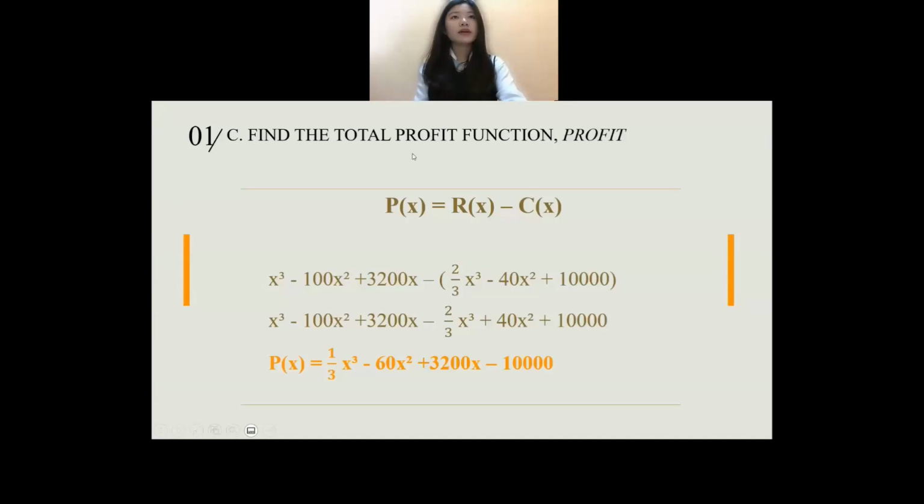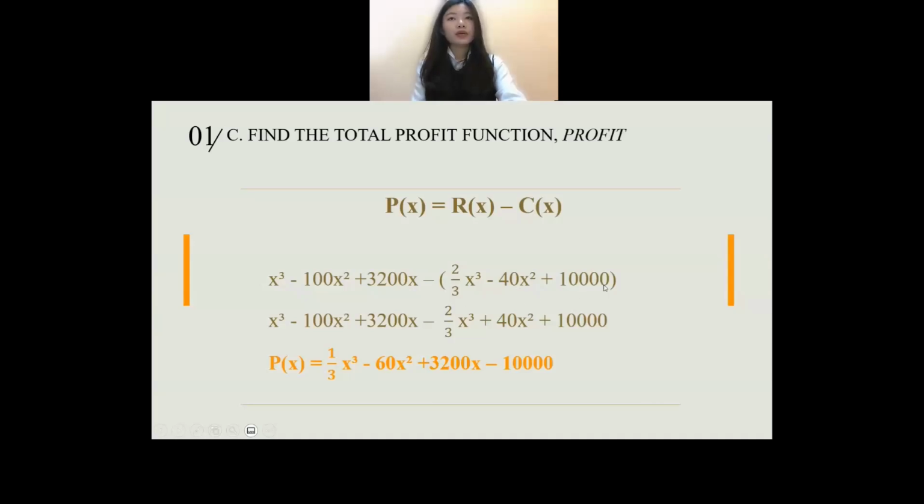Question 1c, find the total profit function. We determine the profit function by using the revenue function subtracting the cost function. So the revenue function x cubed minus 100x squared plus 3200x, minus bracket 2/3 x cubed minus 40x squared plus 10,000 bracket.